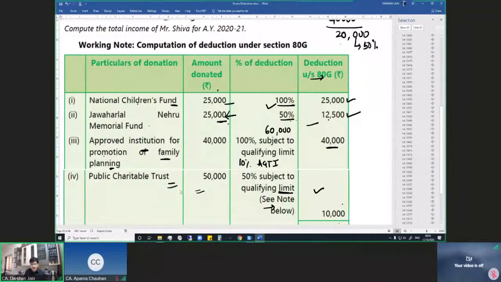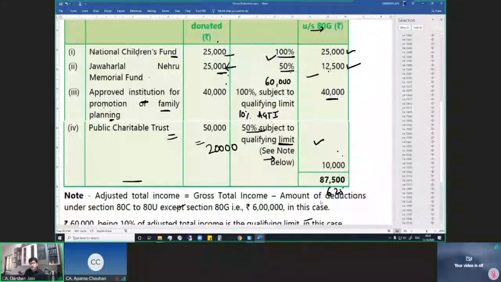And in respect of the public charitable trust approved under 80G, he could claim only 50% deduction. But we have already consumed 40,000 out of the 60,000 qualifying limit. And therefore, on the 20,000 rupees remaining, he could claim 50% of this 20,000, that is 10,000. All of this would add up to 87,500. So do you get this?